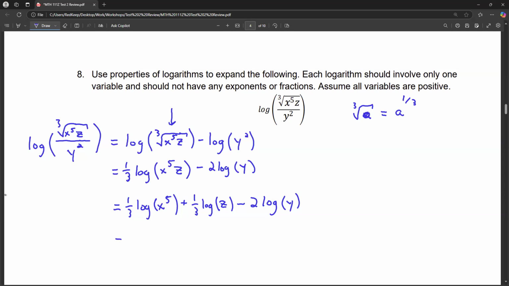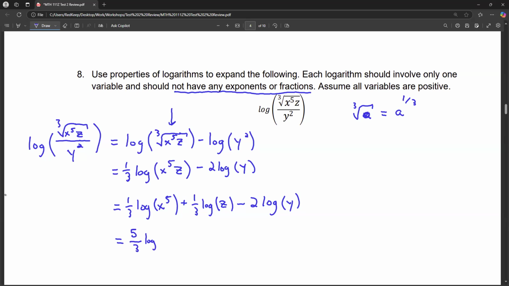The first term, we have an exponent inside the log. And I think they tell us not to have any exponents, right? They say it should not have any exponents or fractions on the variables. And so let's go ahead and pull out the exponent of 5. We know the logarithm brings that down as its coefficient. And so it can actually come down as just 5/3 now, right?